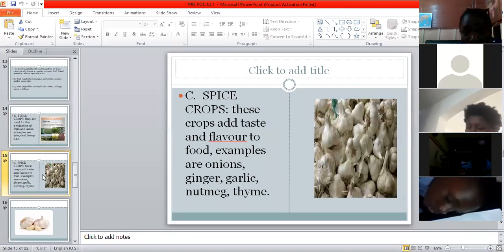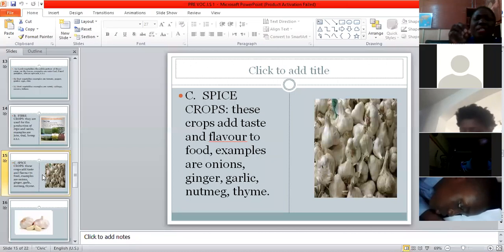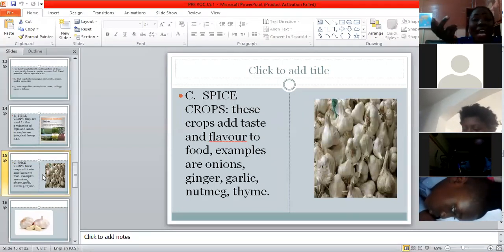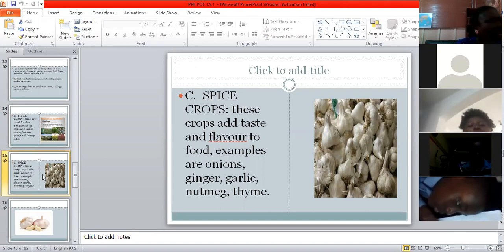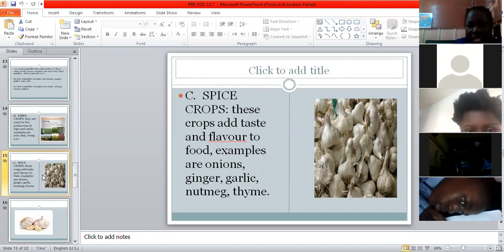That doesn't mean that food will taste nice or will taste better, but because of the presence of spice crops, you begin to say, wow, that food must be very, very tasty. That food will be sweet just because of spice crops that is being included. When you add onions to your food, when you want to boil meat or you want to boil your chicken, you slice onions into it, people from the gate will start perceiving the aroma.